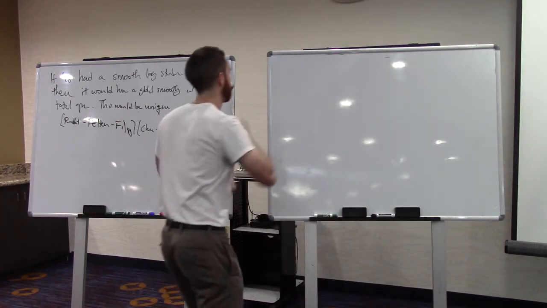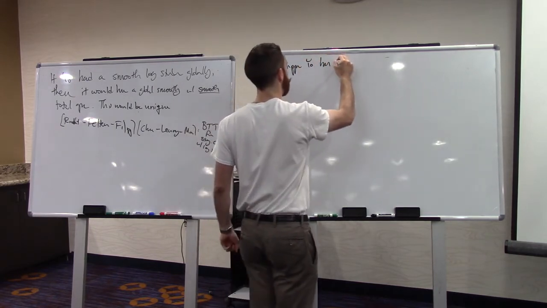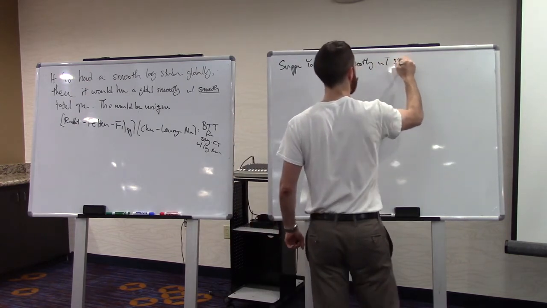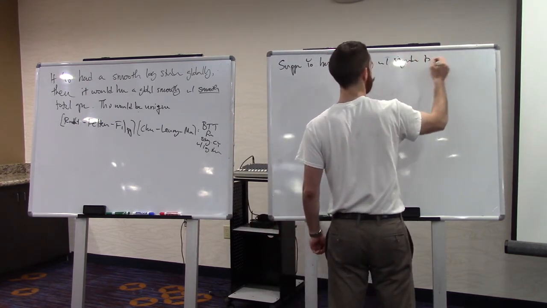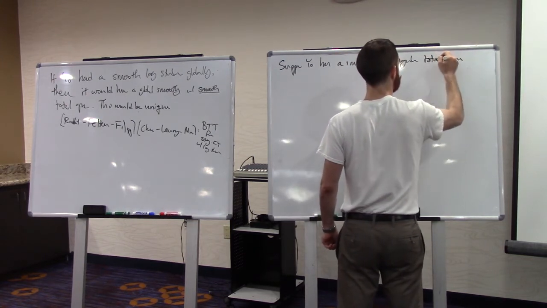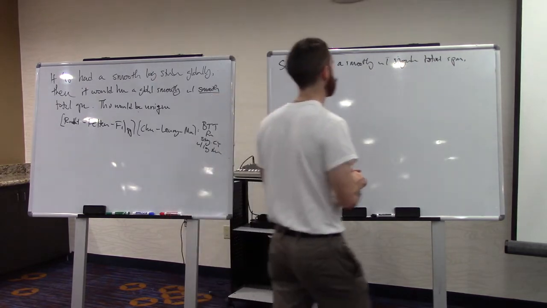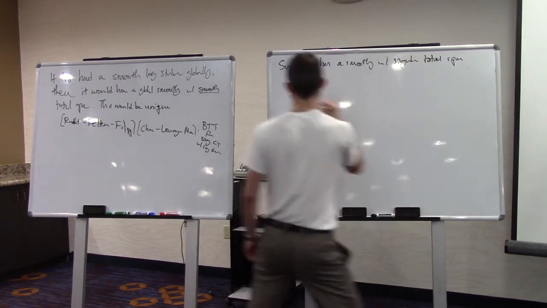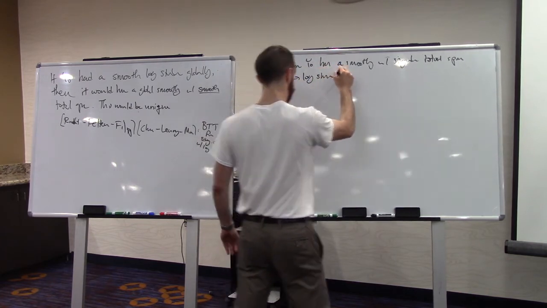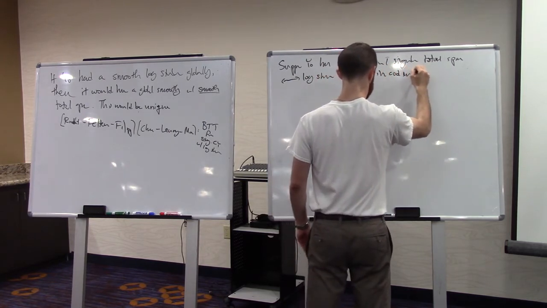Suppose Y0 has a smoothing, but a smoothing with singular total space. This corresponds to some log structure with singularities in codimension 2.